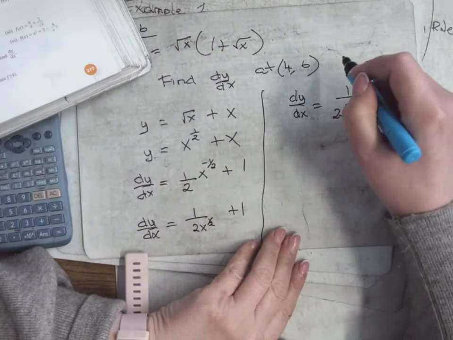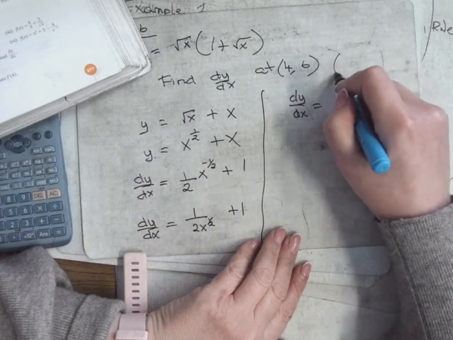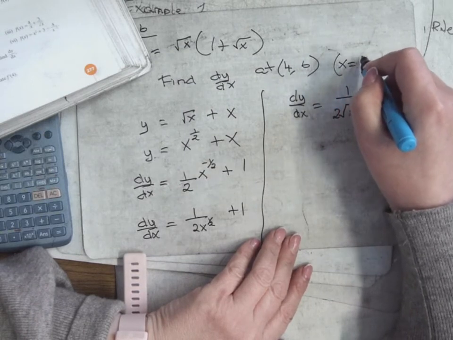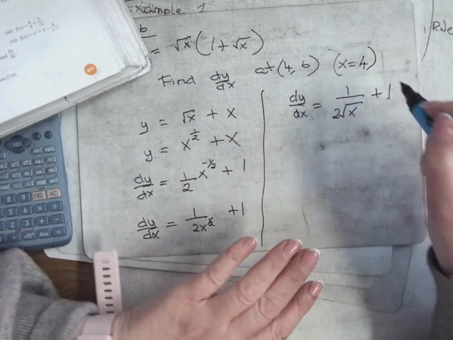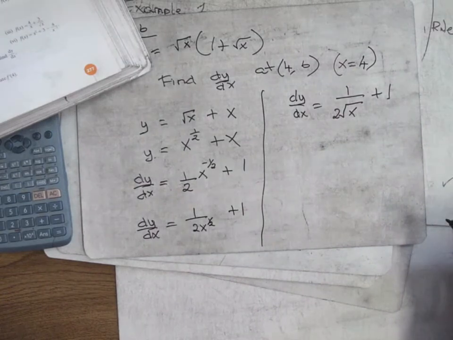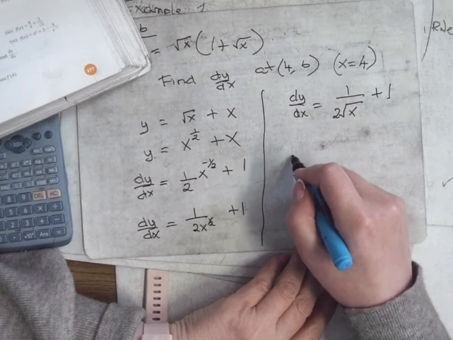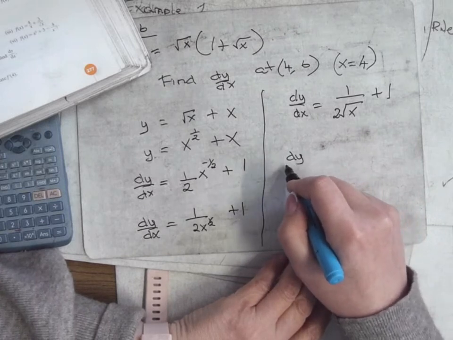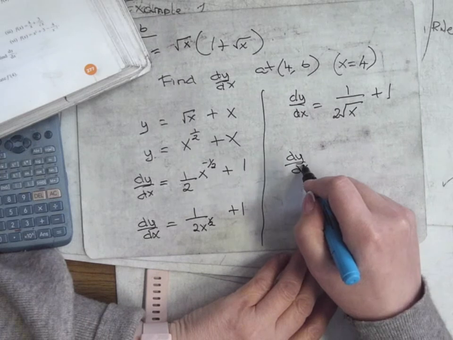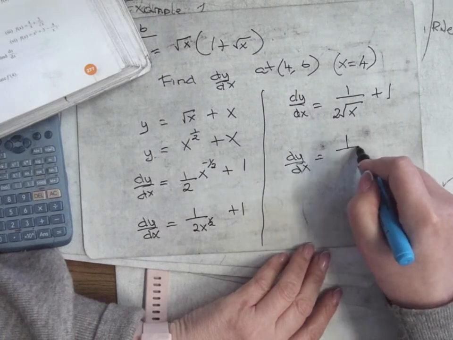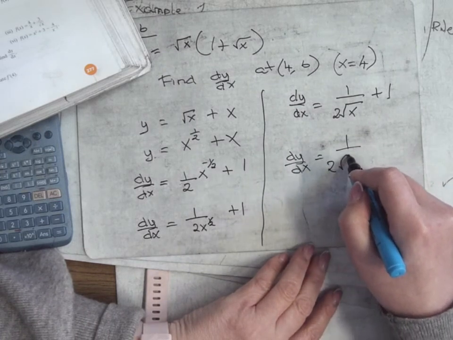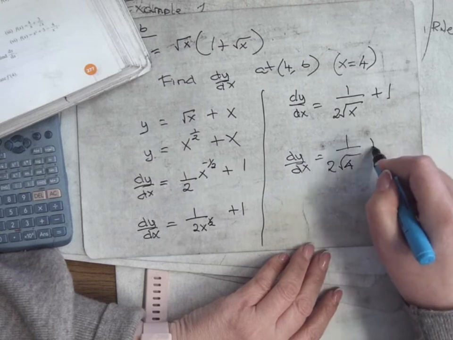So everywhere I see an x, so that's another way of saying x equals 4. They just gave me the point, so they gave me extra information, but I don't care about that 6. I just want to know x is 4. So everywhere I see an x, put in a 4. So dy/dx at that point, 4, 6, equals 1 all over 2 times the square root of 4, plus 1.